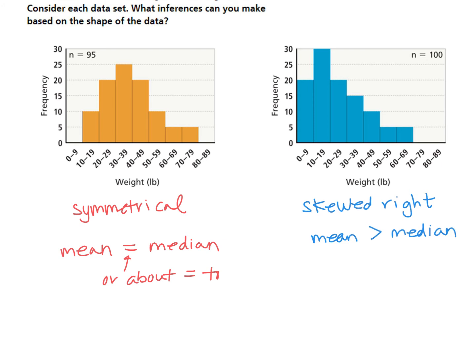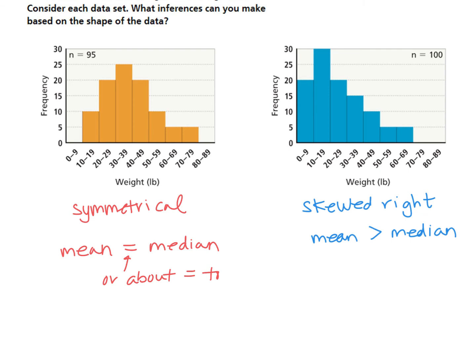You have more larger numbers that when you find the mean, that's going to increase the mean, but the middle value is still where the middle value is. So if it's skewed to the right, the mean is greater than the median. If it were skewed to the left, the mean would be less than the median.